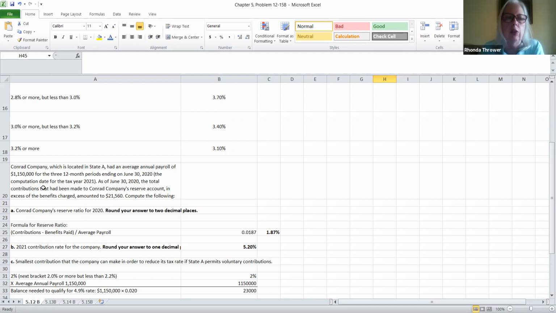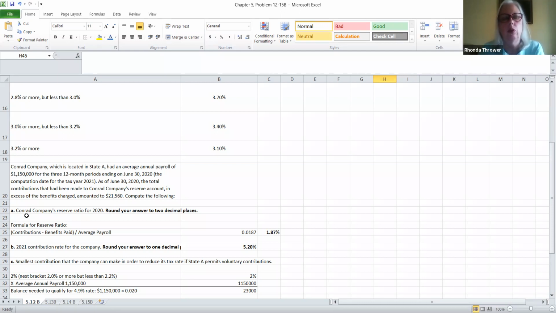The computation date for the tax year of 2021. As of June 30th, 2020, the total contributions that had been made to Conrad Company's reserve account in excess of the benefits charged amounted to $21,560.